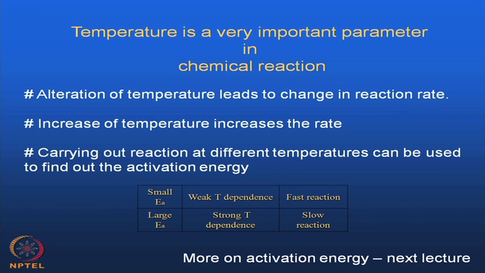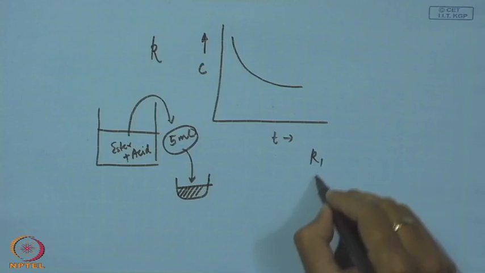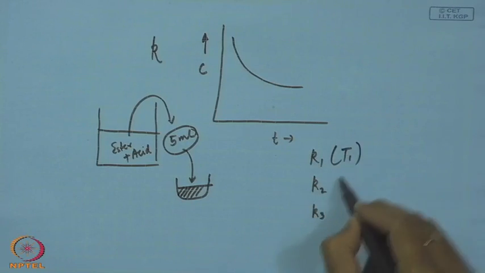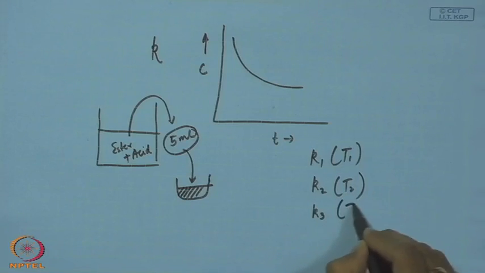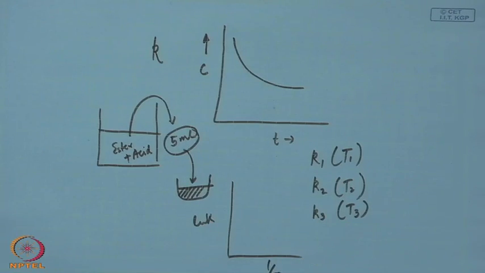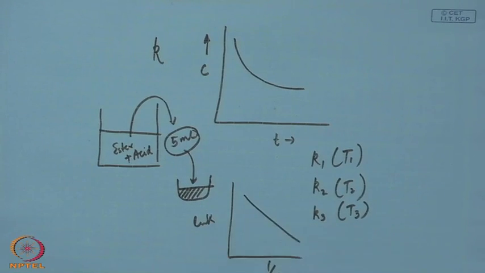Now, carrying out the reaction at different temperatures can be utilized to find out the activation energy. That is, as I mentioned, you have K1, K2, K3 at T1, T2, T3, that is 3 different temperatures. So, you have got these K values, and you can now plot ln K versus 1 upon T to find out the slope, and from this slope you can find out the activation energy.